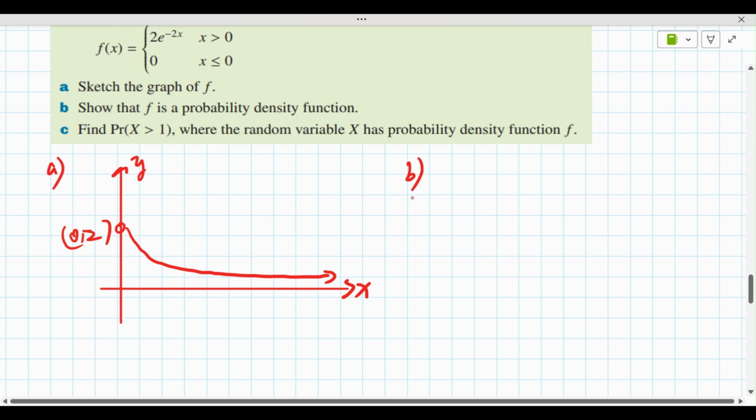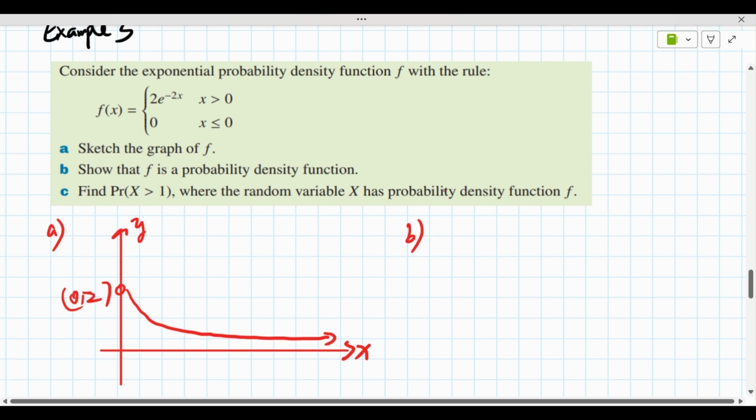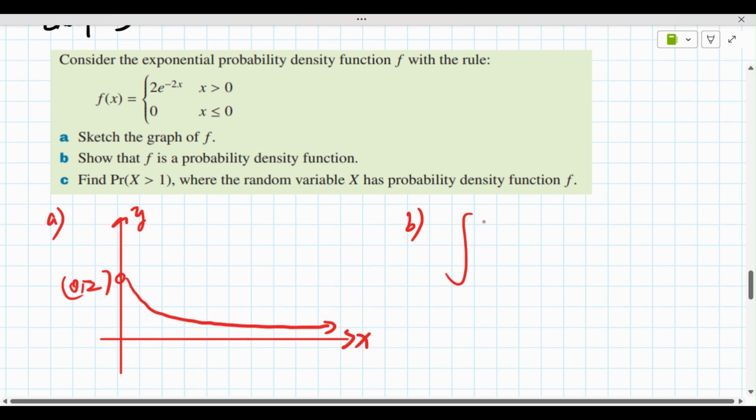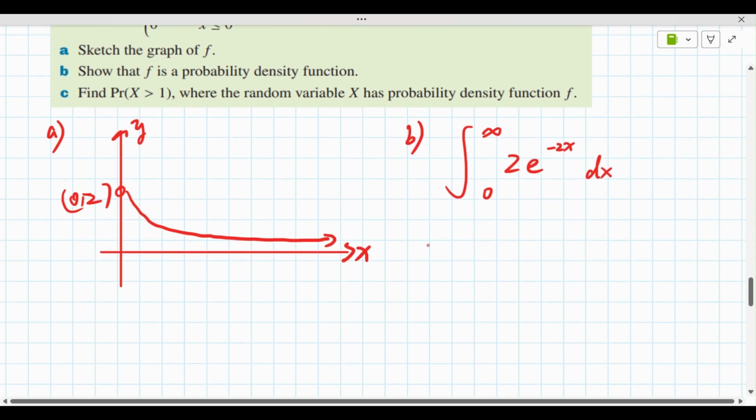So question B. Show the function is a probability density function. Same idea. So now we're gonna figure this out: the integral from 0 to infinity of 2e to the negative 2x dx. We can use limits.